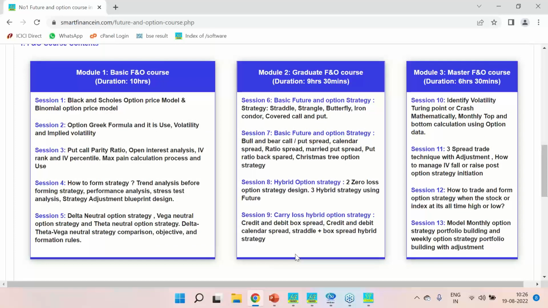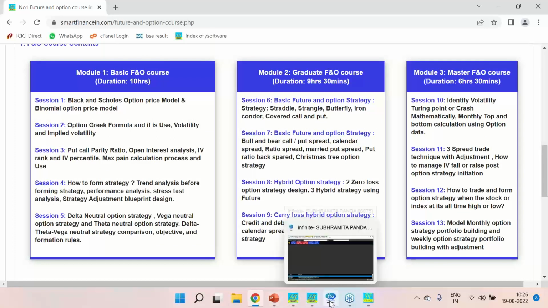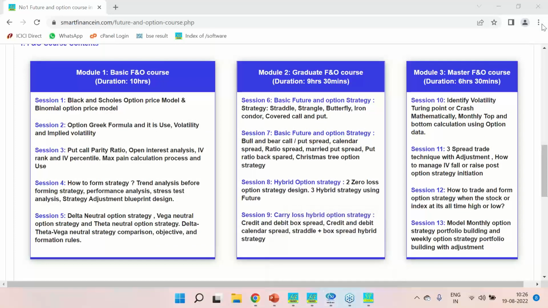If we form this strategy at 500 point, we will get nothing, zero, loss. If the same strategy is initiated with 100 to 400 depth, then we will definitely be at profit. Those things you learn in the Smart Finance Futures and Option course.